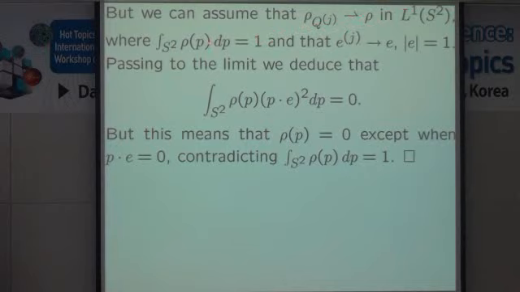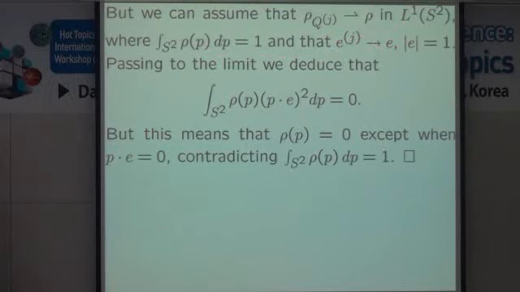And you'll be able to pass to the limit in the rho. Because you have weak convergence, and since the integral of rho_{Q_j} is 1, the integral of the limit rho is 1. And of course the E_j are just unit eigenvectors, so we can assume that they converge to a unit vector.